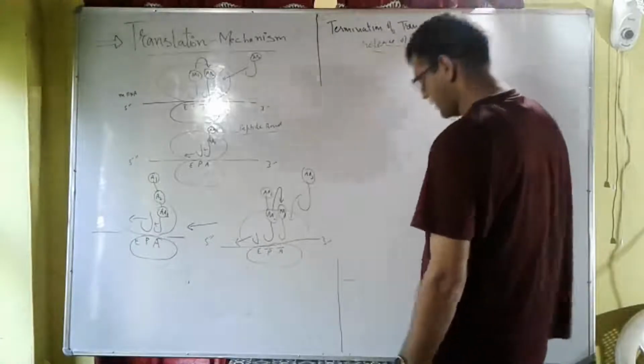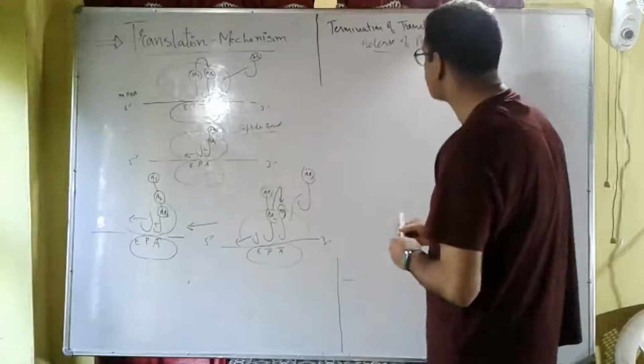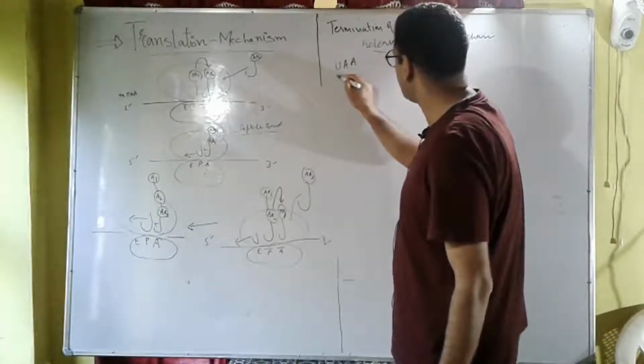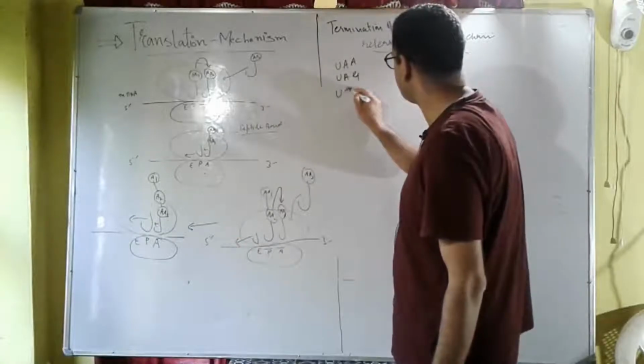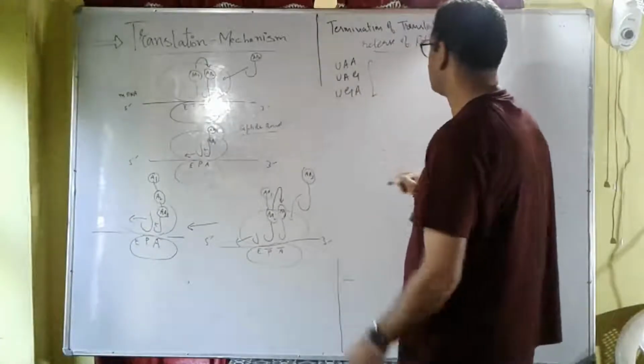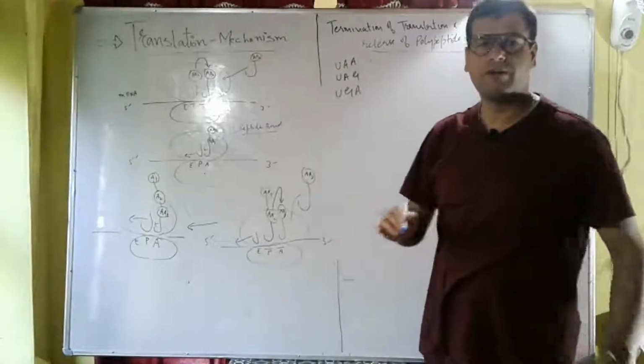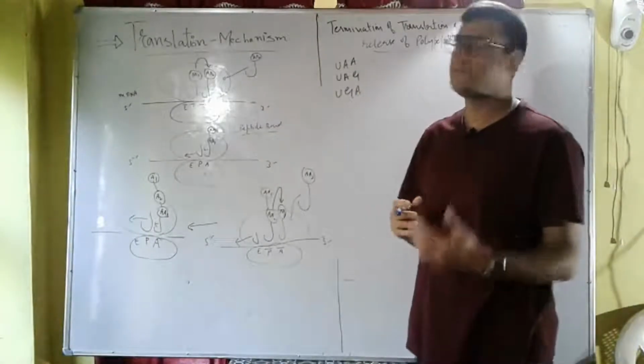Remember that there are three termination codons: UAA, UAG and UGA. These are known as termination codons. They do not code for any amino acid and the polypeptide chain stops.